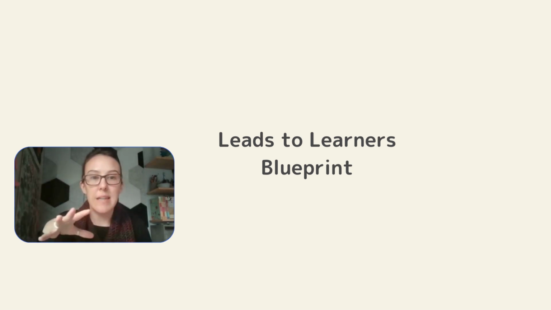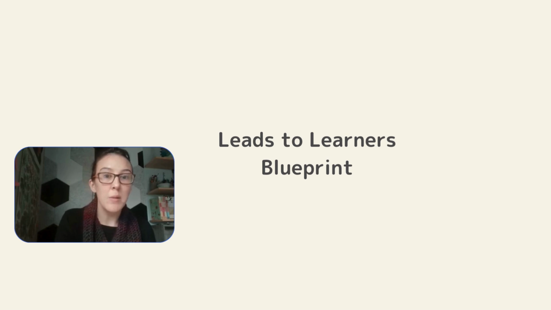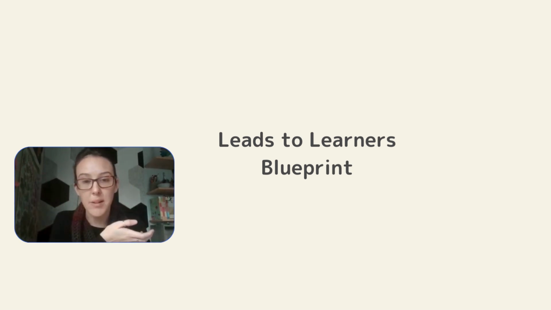So using this blueprint, the Leads to Learners blueprint, I was able to more than triple my marketplace income. And I've diversified my income sources enough that if this marketplace were to disappear tomorrow, I would still be able to pay my bills and live my life.